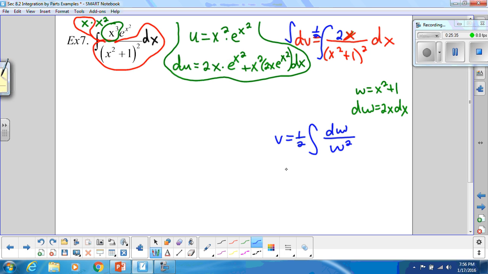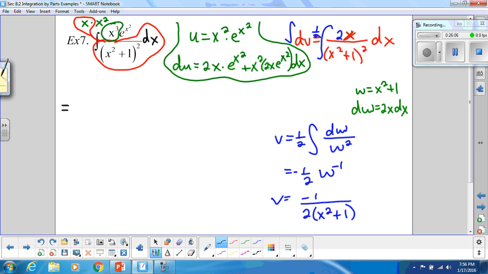So when I do the antiderivative, I'm going to add a power, so that's going to be w to the negative 1, and then I'm going to have a negative out there, right? So basically what I have is negative 1 over 2 times x squared plus 1. All right, so that's what we have for our v. We have our u and our du, so we're good to go. Now we can use this for our formula.